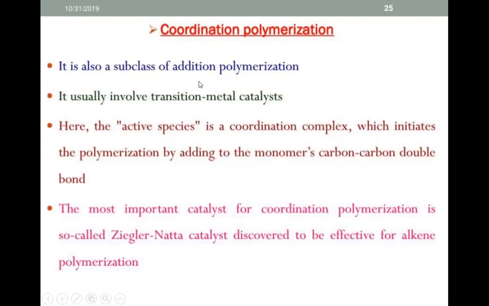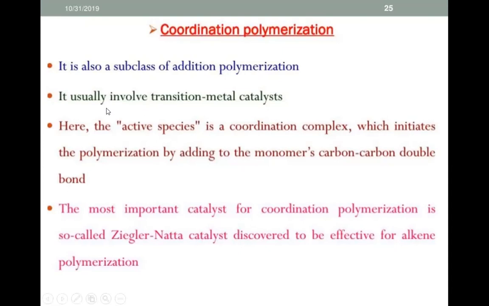But the difference between the addition polymerization and the coordination polymerization is, in the addition polymerization, two same types of monomers are united together to form a polymer. But in the coordination polymerization, two or more different monomers are united together to form a polymeric chain.